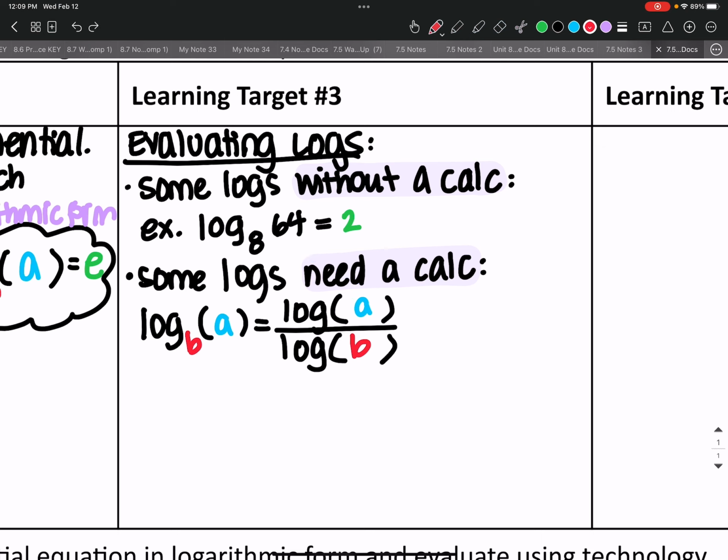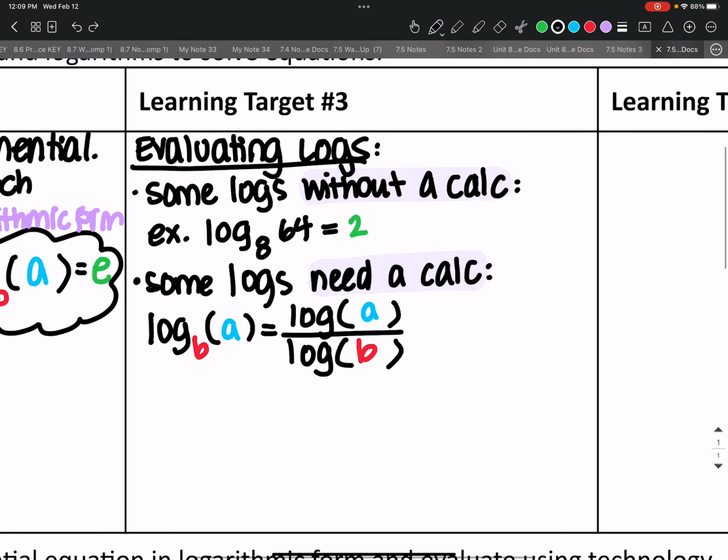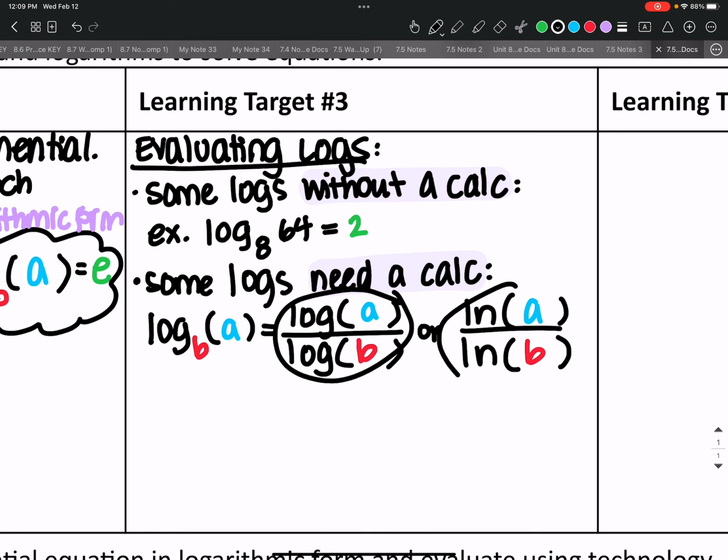So we make a ratio. And that'll give us our answer if we put it in our calculator like that. We can also use ln instead. This is another logarithm. It's base e. And that's also in our calculator. And you do the same thing and you'll get the same answer. This is equivalent to this.